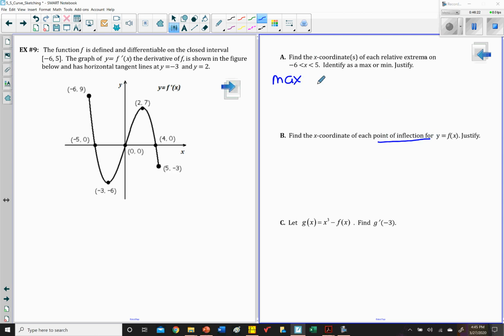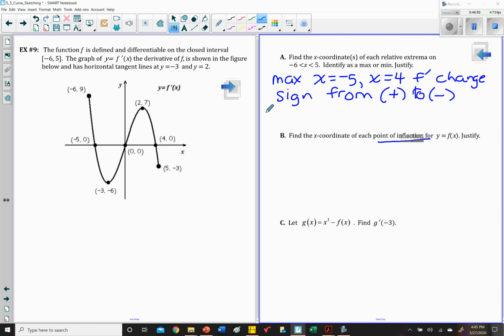I was answering points of inflection in part A. The maximum happens at -5 and +4 because the derivative is changing sign from positive to negative. I started to answer A and then switched over to B.